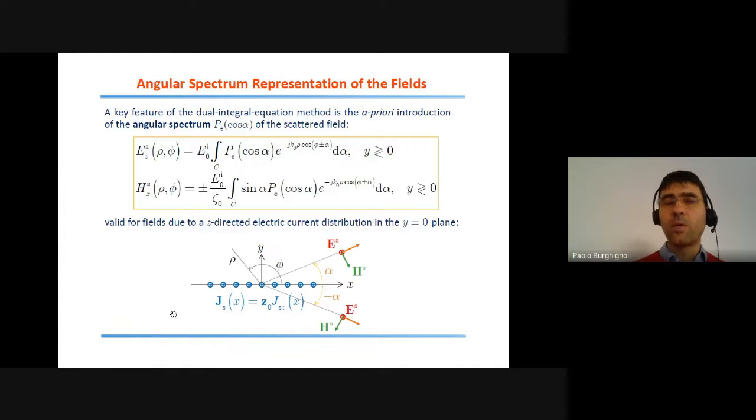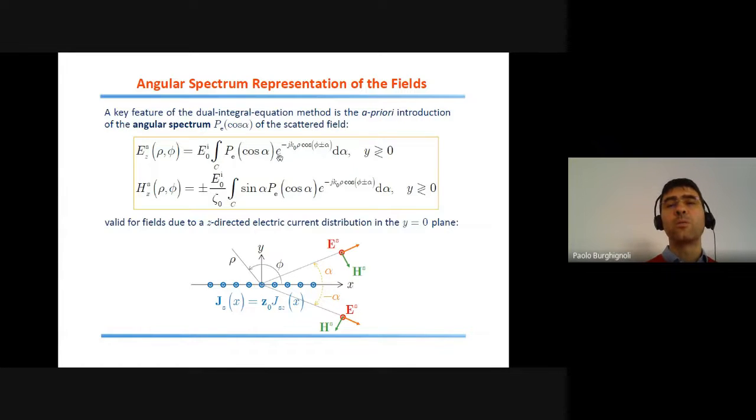Let us focus on our unknown, which is the scattered field, and let us represent both the electric and magnetic scattered fields, in particular the z component of the electric field, which is the only non-zero component of the electric field, and the x component of the magnetic field, in terms of suitable integrals made in the complex plane of the alpha variable, of the product of the exponential that describes the propagation of a plane wave that propagates along the direction alpha.